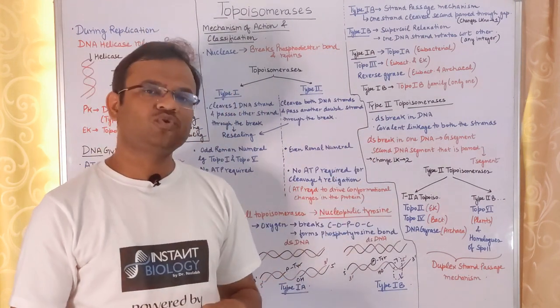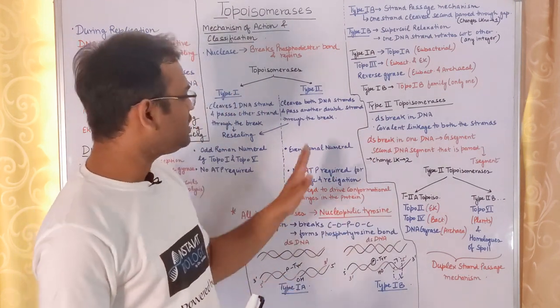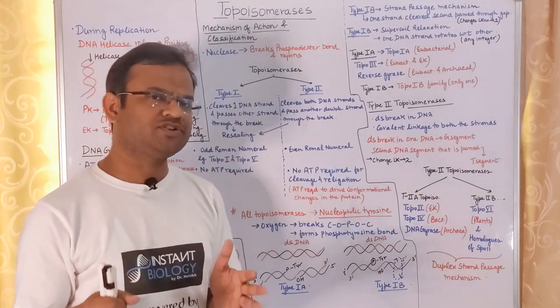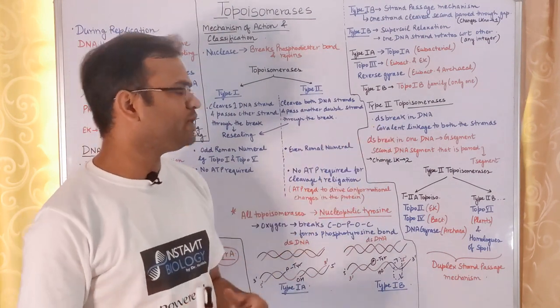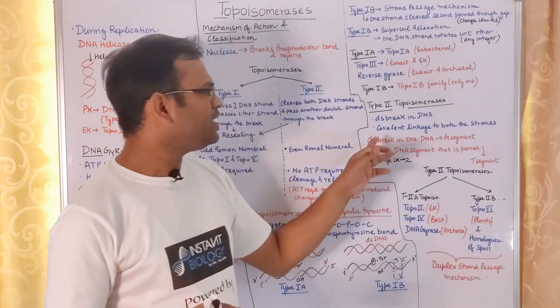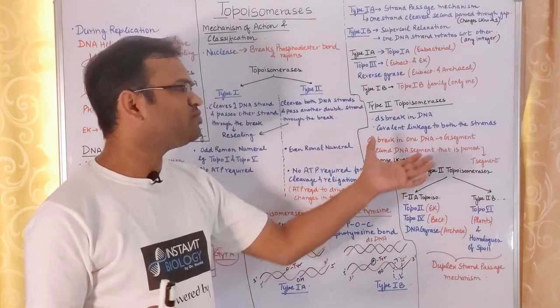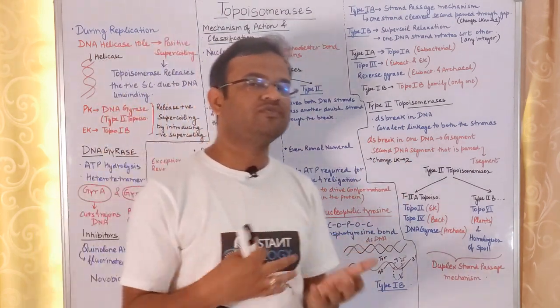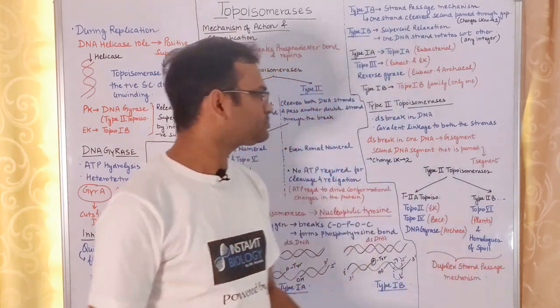Let us talk about type 2 topoisomerases. I've already explained how type 2 topoisomerases function. You already know that it will break the double-stranded DNA and form a covalent linkage to both the strands. That means phosphotyrosine will be attached to both the strands.